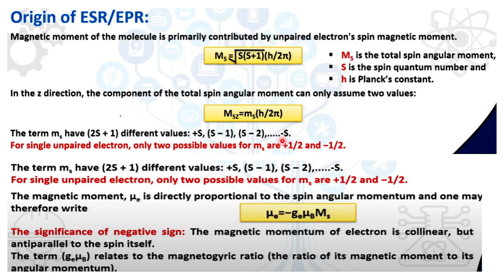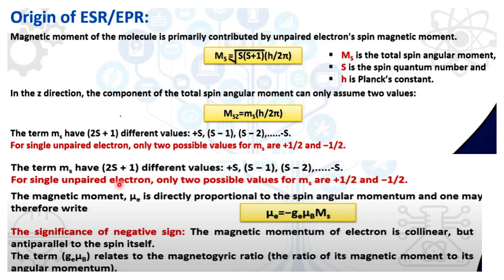And the term ms has a total of 2s plus 1 different values. Okay, so s is the spin quantum number and 2s plus 1 is the number of different values ms can take, and that is actually plus s to minus s. So, if you check, plus s to minus s will be equal to a total of 2s plus 1 different states.